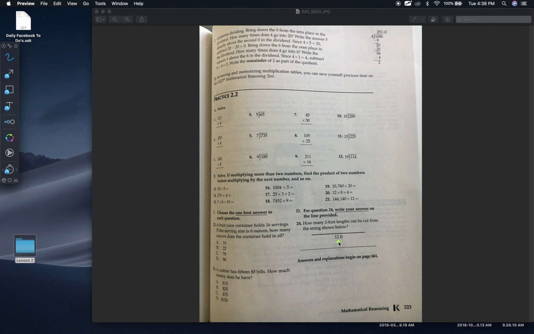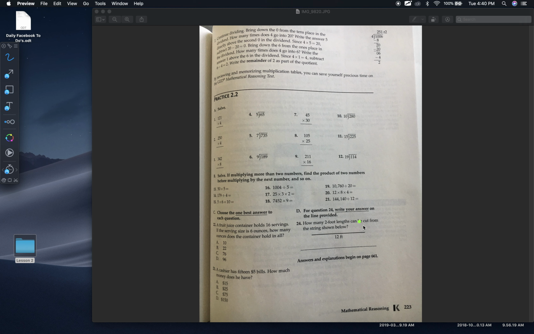How many equal parts would there be? So we know that this is division. Okay, so you would set it up just like this over here, for example. This would be the 2, and this right here would be the 12 feet. Okay, and we know that 2 goes into 12, or 12 divided by 2 is 6 times.